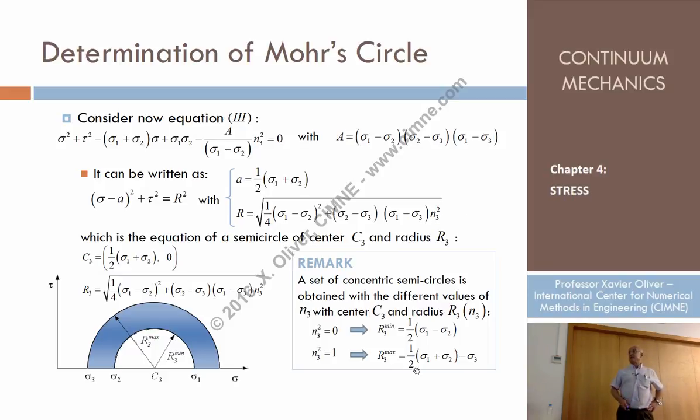This provides another value, which can be proven to be 1/2 of sigma 1 plus sigma 2 minus sigma 3. So look, this is sigma 1 plus sigma 2 divided by 2, that point, right? So from this point, I subtract sigma 3, I obtain this distance, okay?